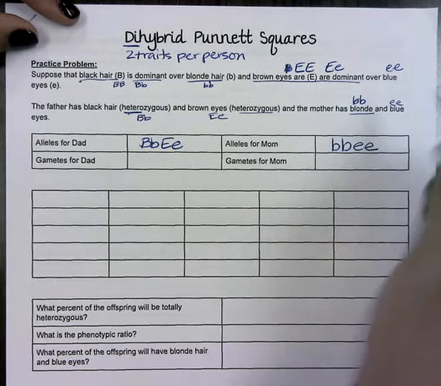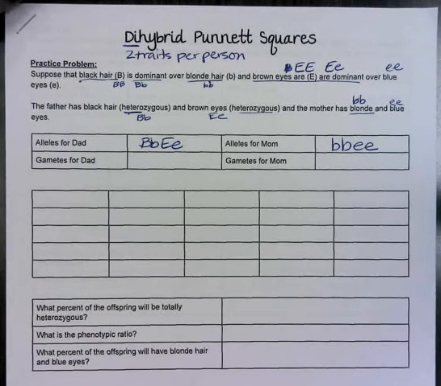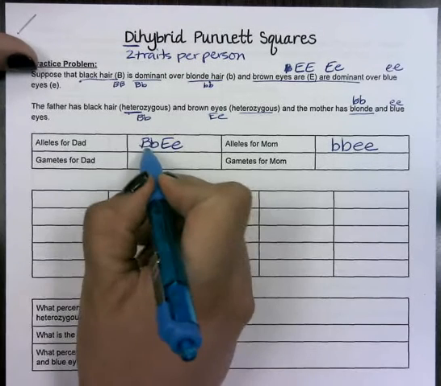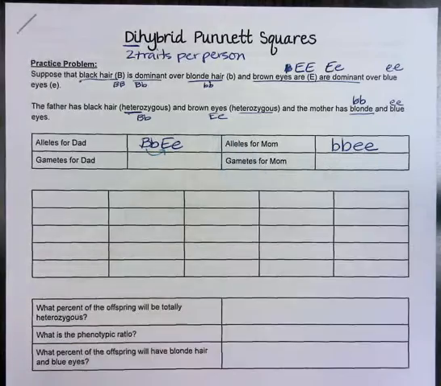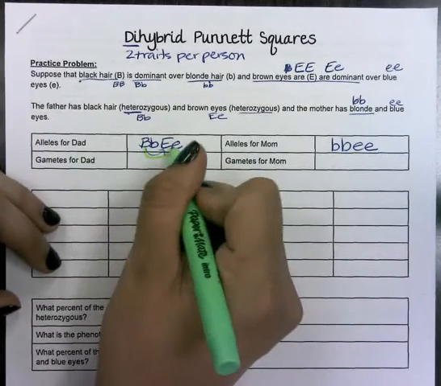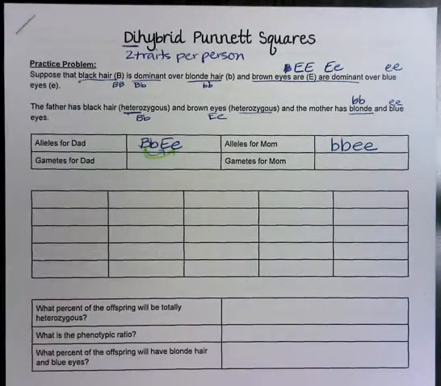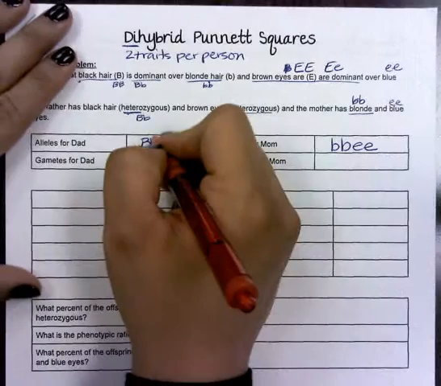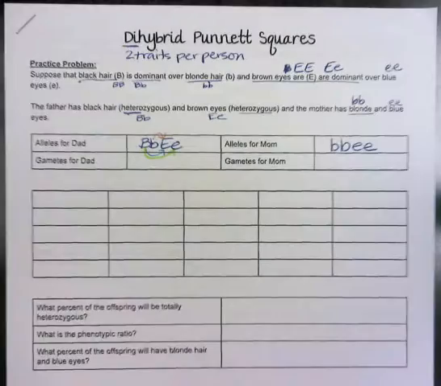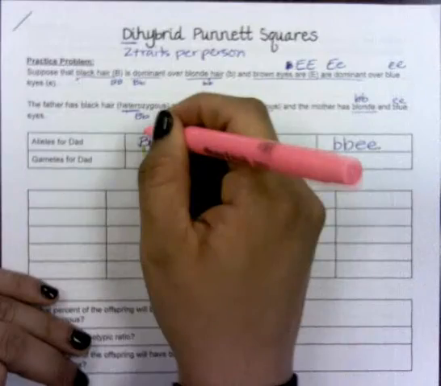Now what you have to do here is the FOIL method. If you're familiar with math, FOIL is the first, the outer, the inner, and then the last.